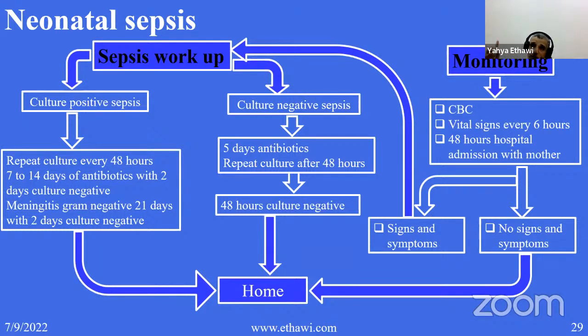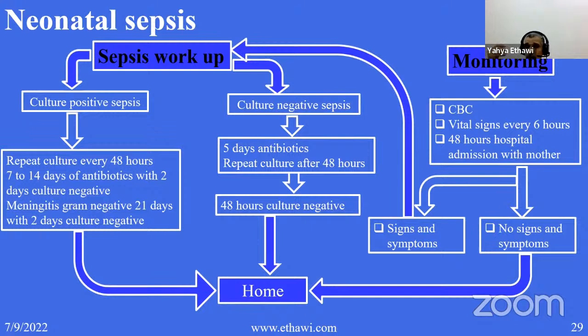If the culture is negative by 36 hours, the yield is about 80%. So if your culture is negative by 36 hours, you have a possibility of 20% that you still have positive. By 48 hours, the yield is up to 96%. So you have 96% possibility your culture is truly negative. You still have 4% you might be positive.